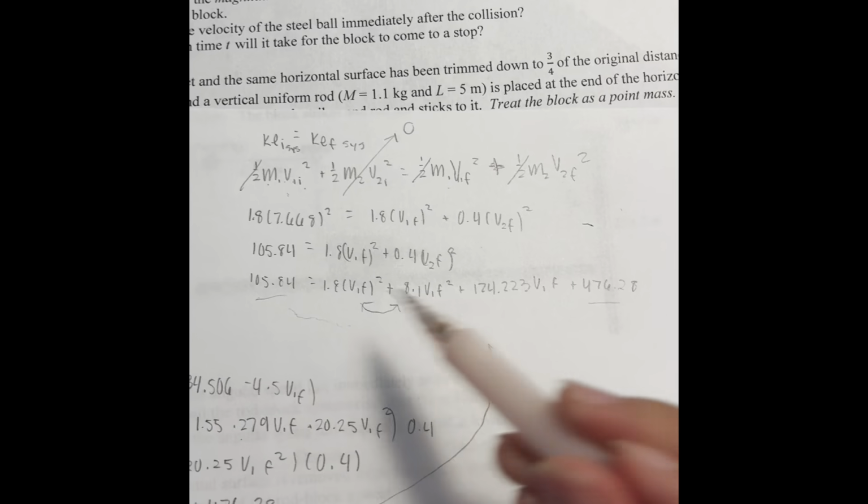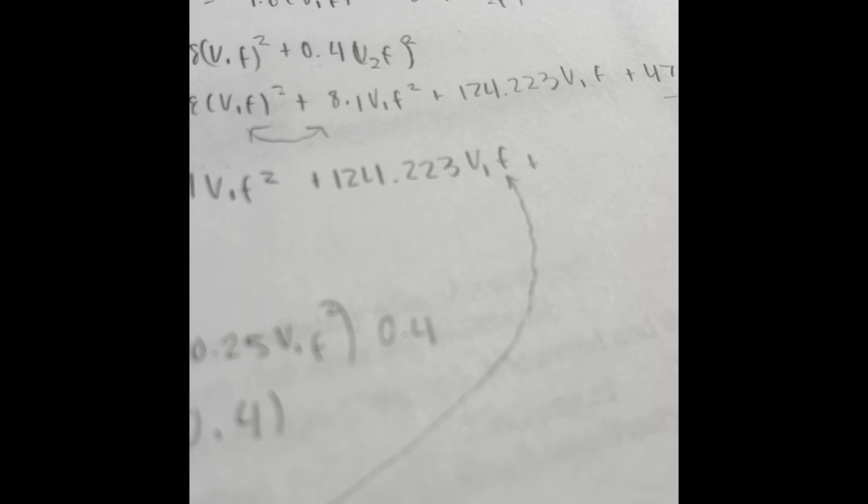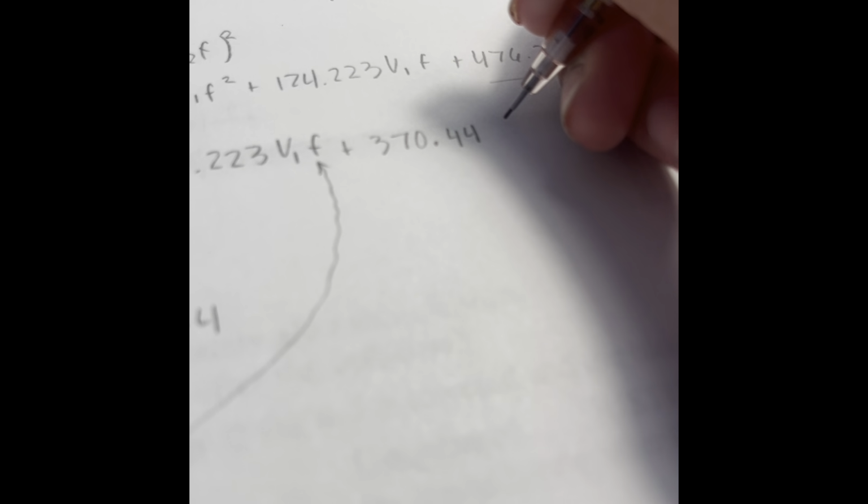Combine these two so I can set it equal to 0. This is tiring. 0 is equal to 9.9 v1f squared plus 124.223 v1f plus, oh, yes, plus 370.44 is equal to 0.